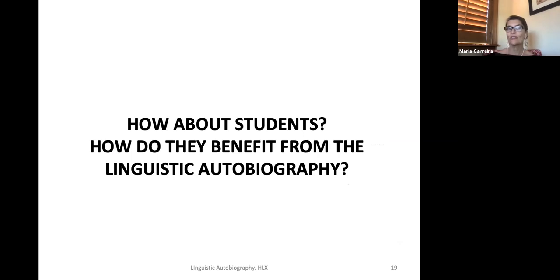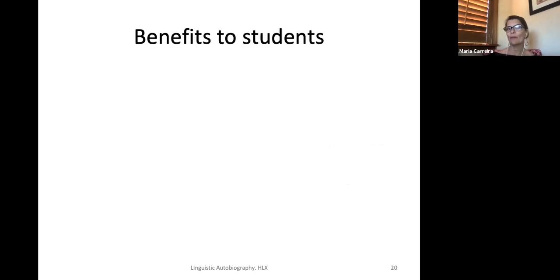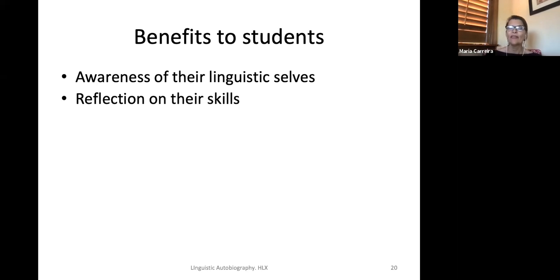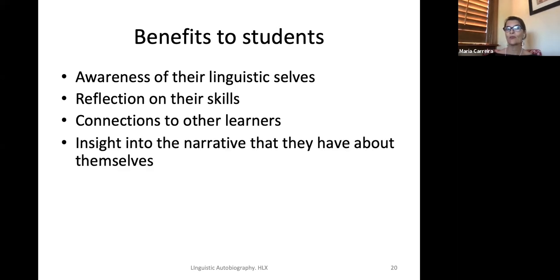So I mentioned students. How do they benefit from linguistic autobiography? Well, they gain a greater awareness of their linguistic selves. How did they become who they are today? They reflect on their skills. Why is my writing not as developed as my listening skills, for example? They connect to other learners with similar experiences.